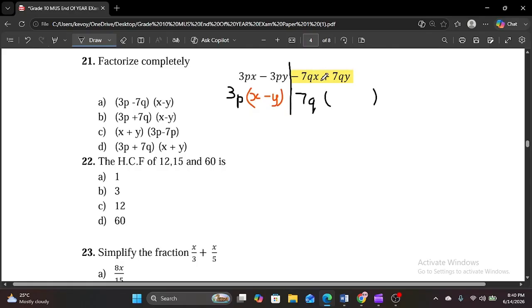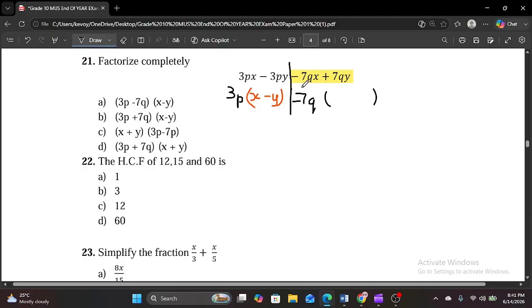In this case, I want to ensure that the numbers or the letters match. So that means I should get the same positive and negative. I don't want to have a negative x, I want to have a positive x. So I'm going to change this to a -7. I'm going to take -7 from both sides. If I take -7 from this, I'm just left with 1 alone, because -7 divided by -7 is just +1.